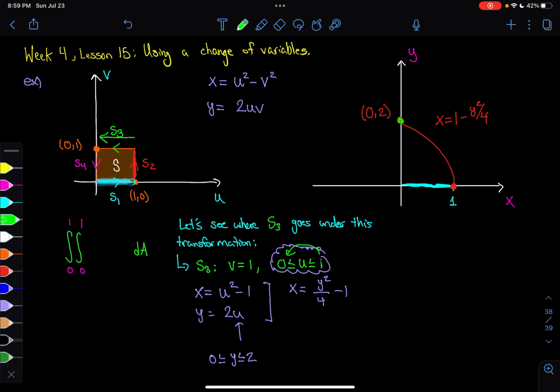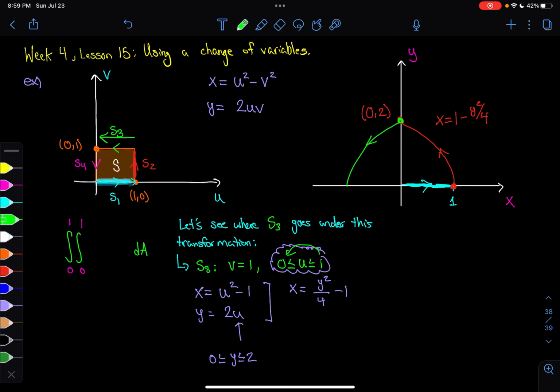And then we have to use our brains to recognize that this is a shifted parabola that starts at minus 1, 0, and would kind of have that shape, okay? But we're going down this way. So maybe I'll put some little arrows here to indicate our direction of travel, okay?